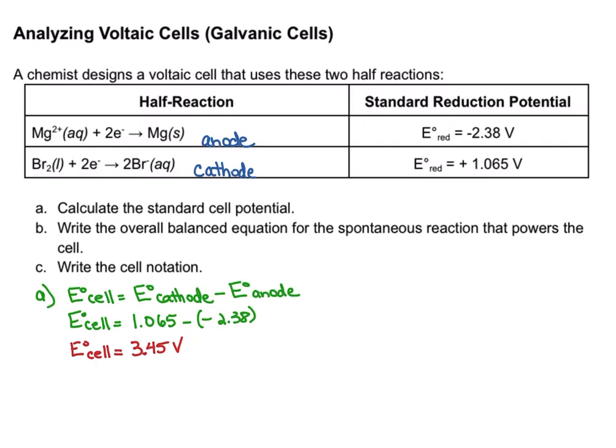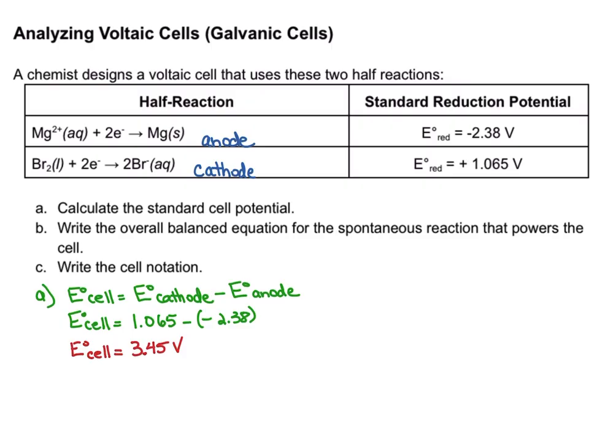Now for part B, we're asked to write the overall balanced equation for the spontaneous reaction that powers the cell. It is a spontaneous reaction when the standard cell potential is a positive number. And so this formula gave us a positive number, so that means with this formula we decided which one is going to behave as the reduction process and which one is going to behave as the oxidation process.